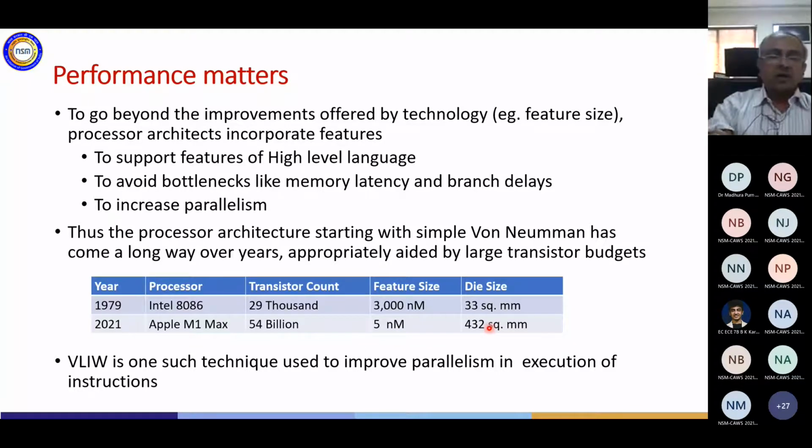So if in the 1980s you had a few thousand transistors available for implementing logic, and now you have 6 orders more transistors, obviously the features are going to be different, and that is why there has been improvement in performance over the years. And this table gives us a small idea about the leap in the feature size, the transistor count, and die size.